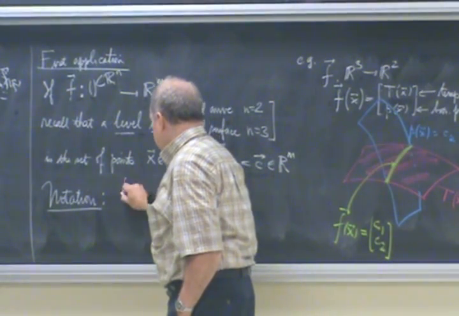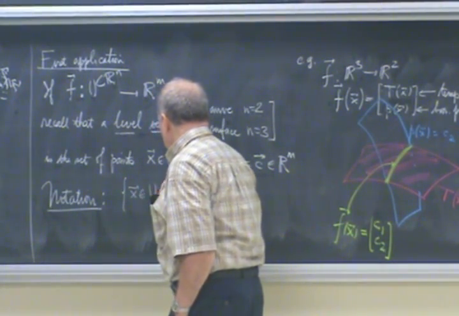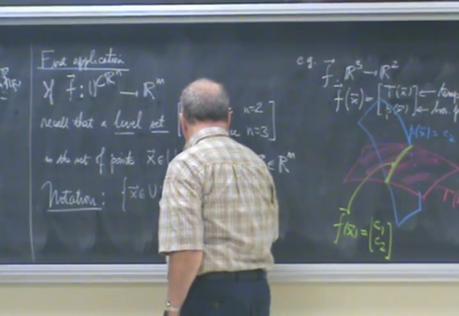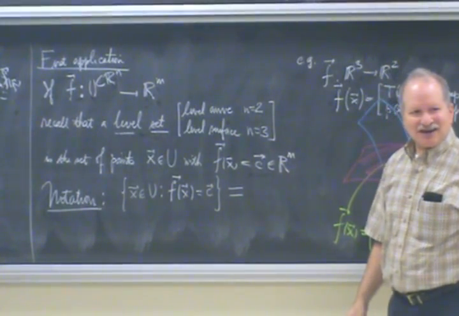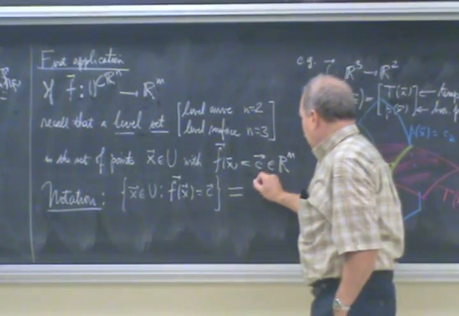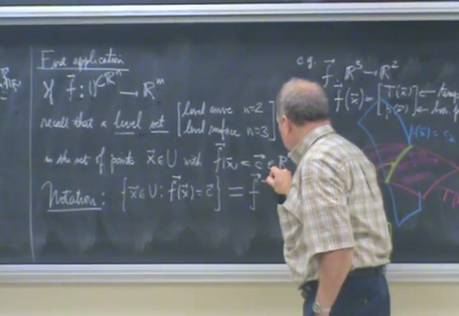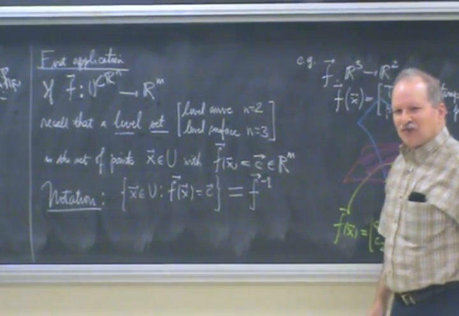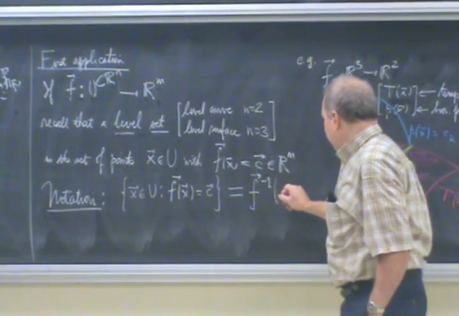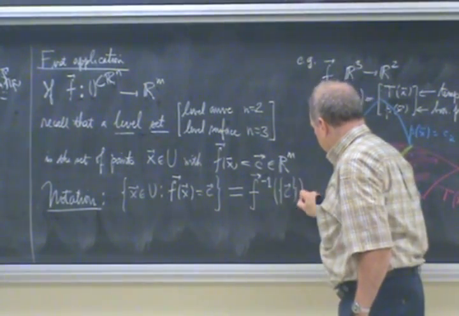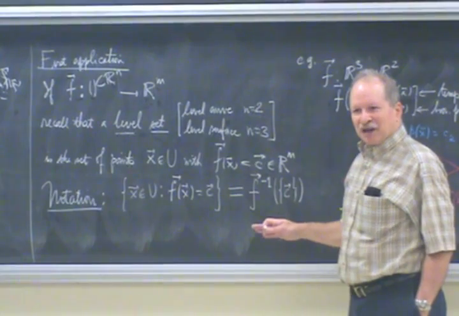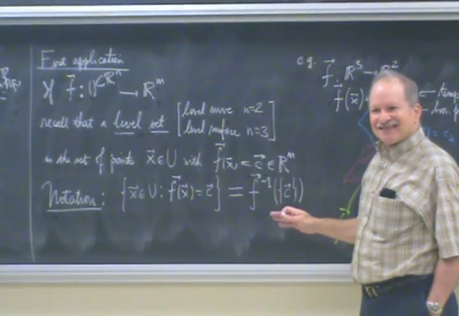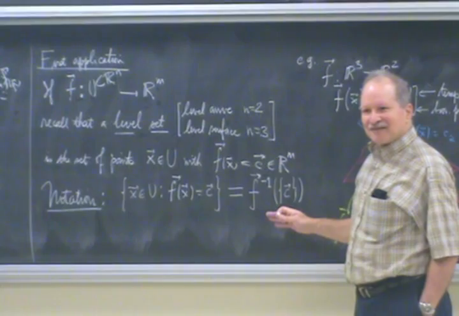The set of points x in U such that f of x equals c is often denoted, and this is going to start a controversy, but I'm going to say it, f to the -1, read f inverse, of the point C. Do you guys want to complain? Probably yeah. Sure. What are you complaining? There are multiple x values.